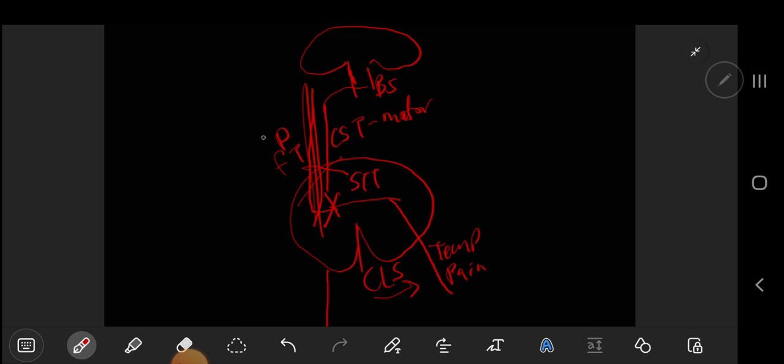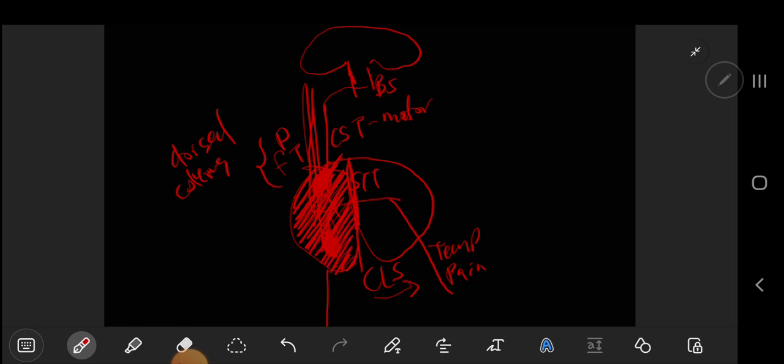Let's say that this comes from the dorsal columns, which are right over here. Okay, and the corticospinal tract, which makes motor, so I think they are right over there. Okay, so Brown-Séquard gives me a lesion in one side of the spinal cord and gives me this constellation.